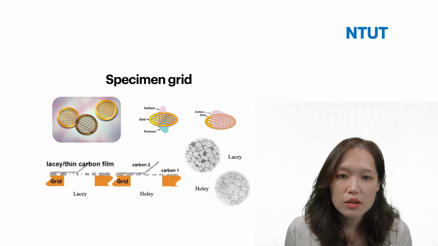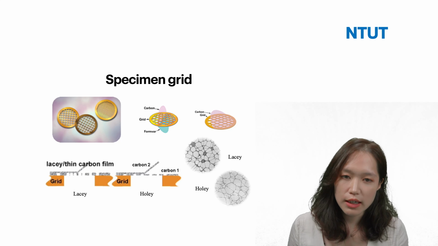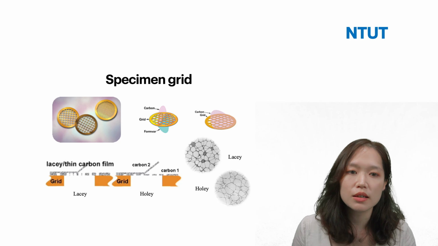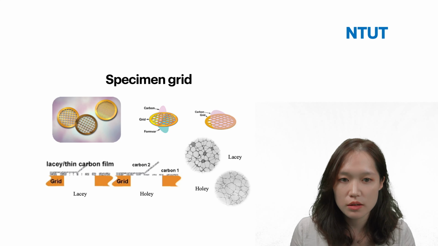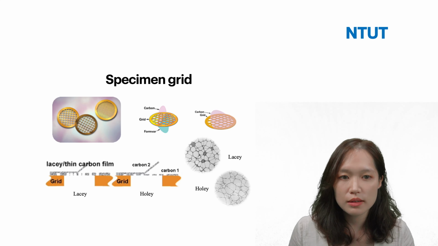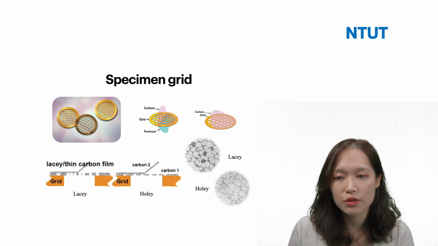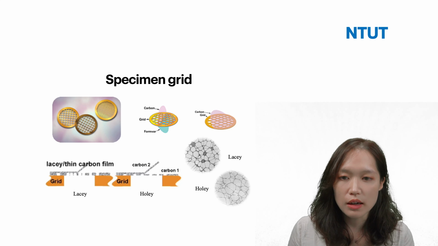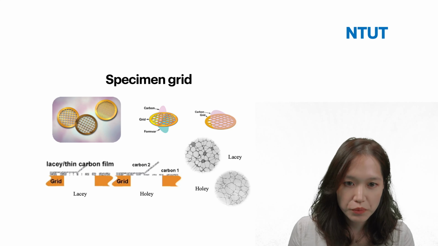So there are things that we can't neglect: this whole chamber is still under a vacuum status. So the holder itself for the TEM can heavily influence the resolution and the specimen interactions.